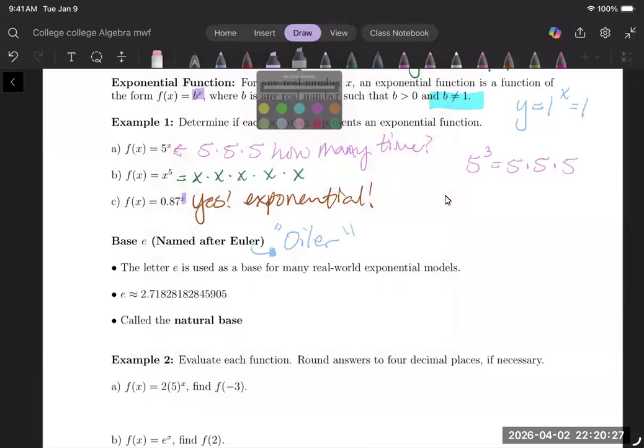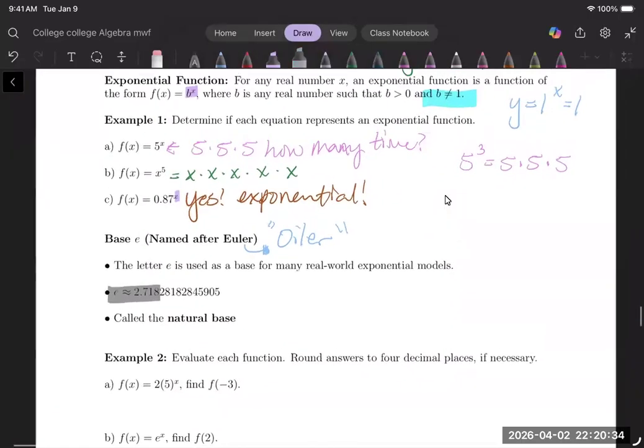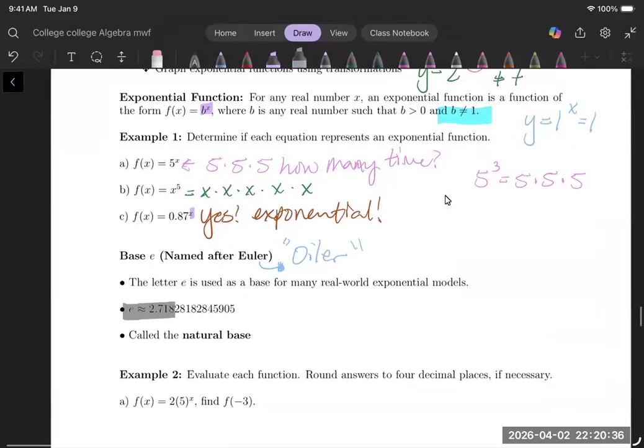2.718. A lot of times it is linked to the golden ratio, like that nautilus shell, that seashell with all of the little chambers that gets bigger.